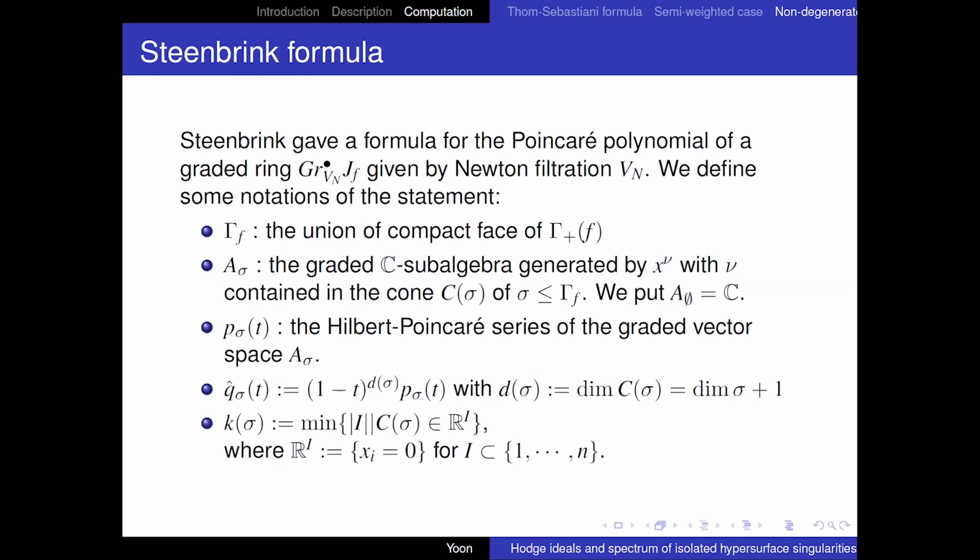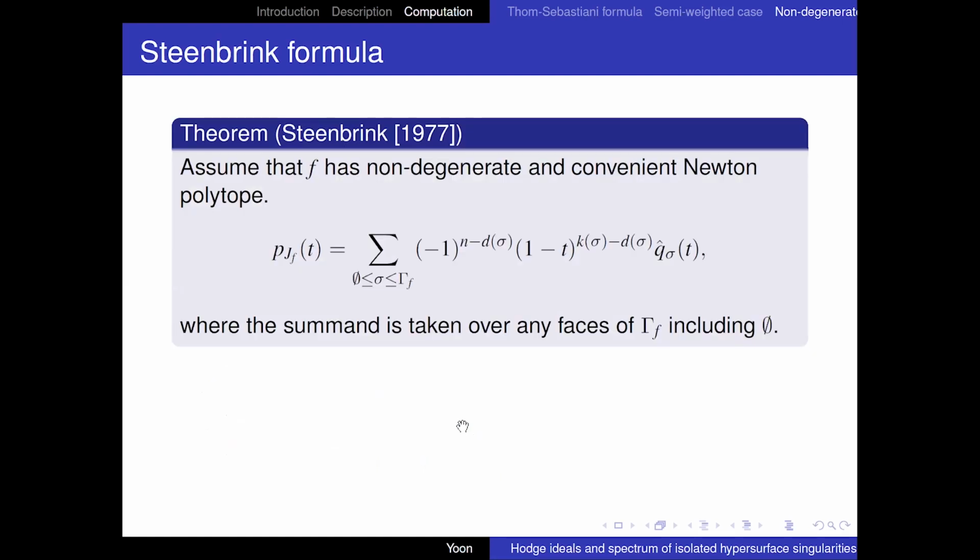And then we need one more number, k, which means the minimal number of coordinates which contain sigma. All right. So the formula is given by this.